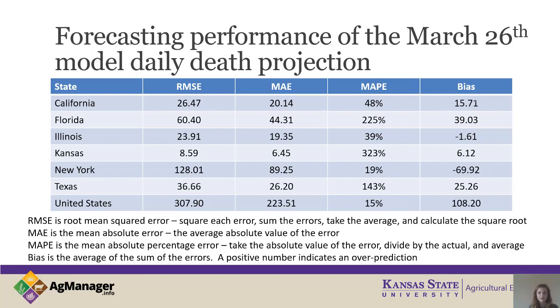And so we're seeing a lot of positive bias over here. In the case of the U.S., California, Florida, we only see a relatively small bias number in terms of Illinois. The really notable one here is New York and how much the model underpredicted what was going to happen in New York on March 26th.